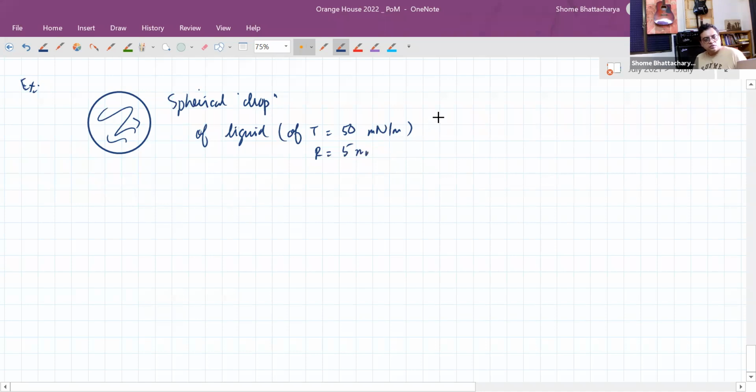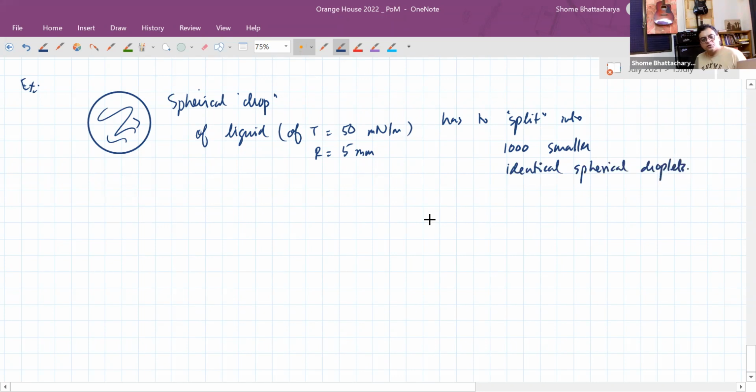Now, this has to be split into 1000 smaller identical spherical droplets.